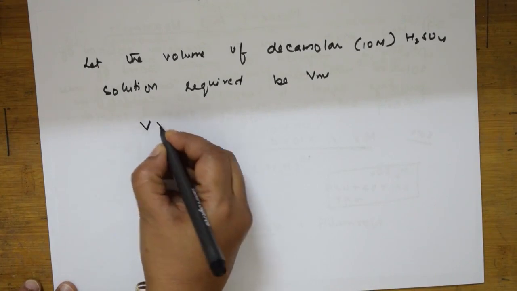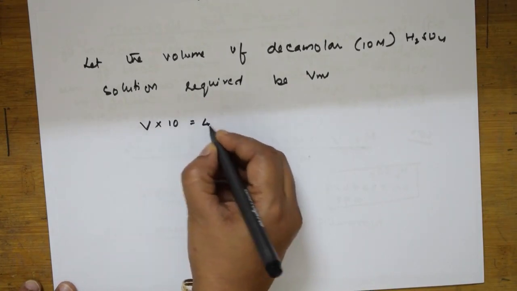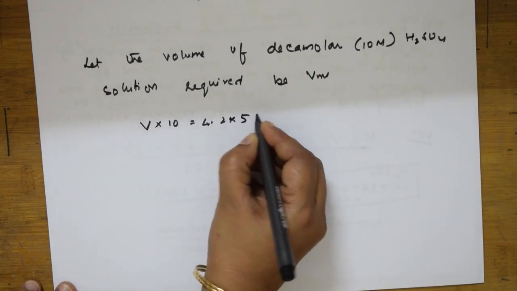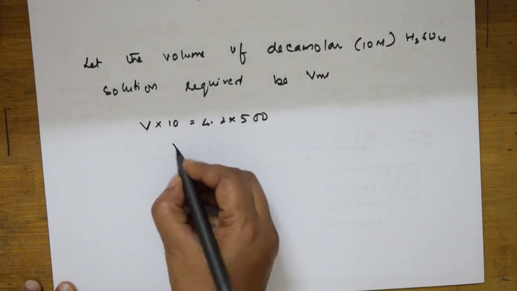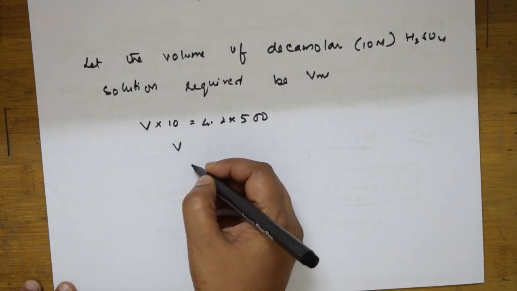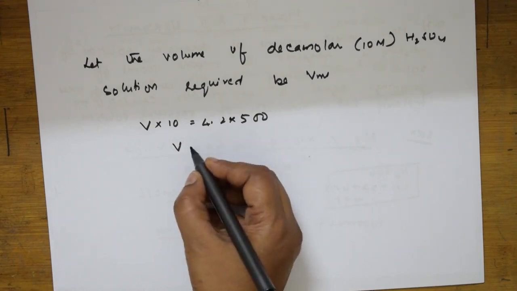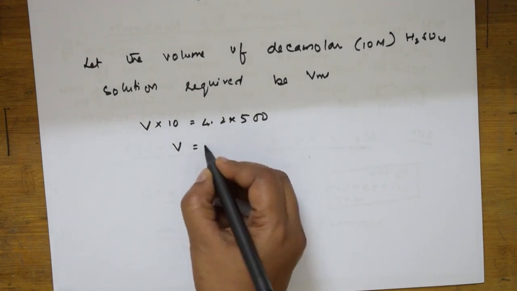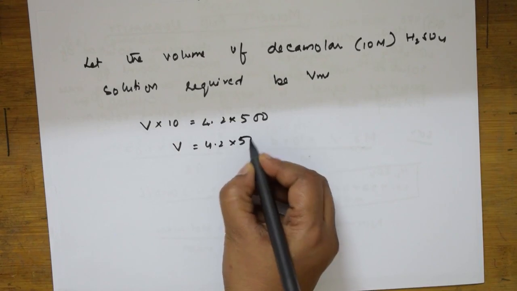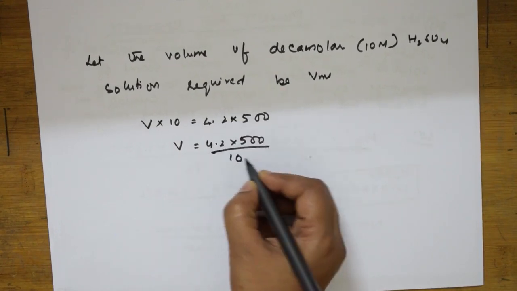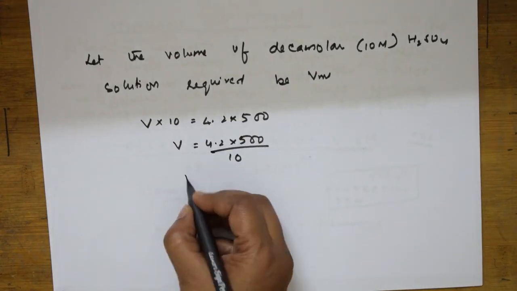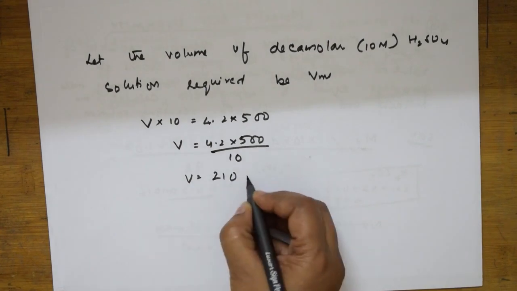That means V into 10 is equal to 4.2 into 500, isn't it? So why am I finding this? I need to substitute this value in my normality also, isn't it? So V is equal to 4.2 into 500 divided by 10. How much do I get? I get an answer of 210 ml.